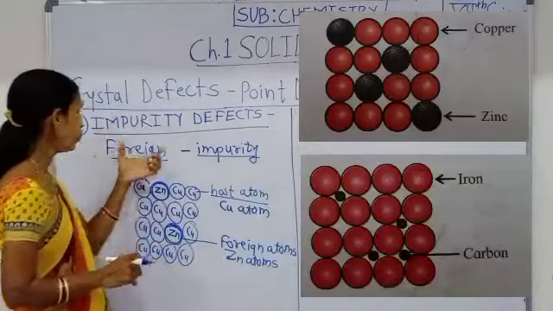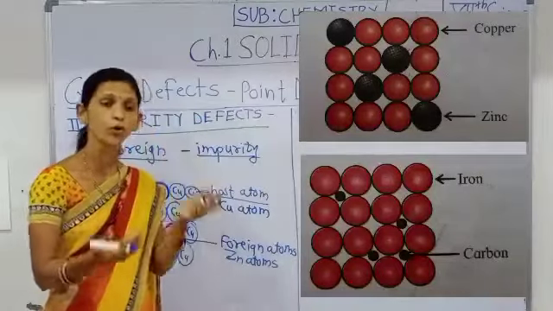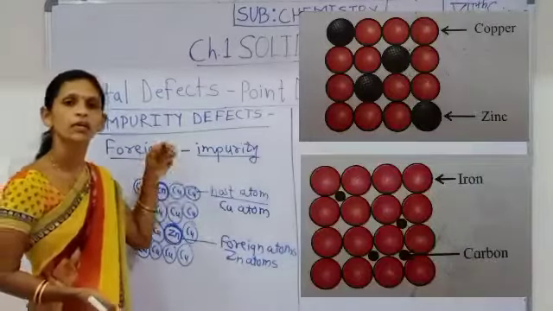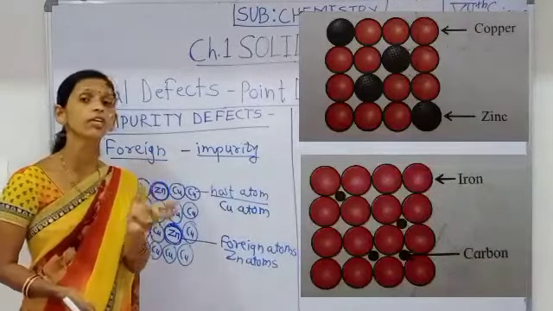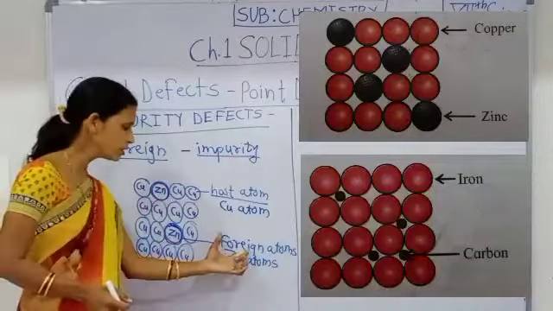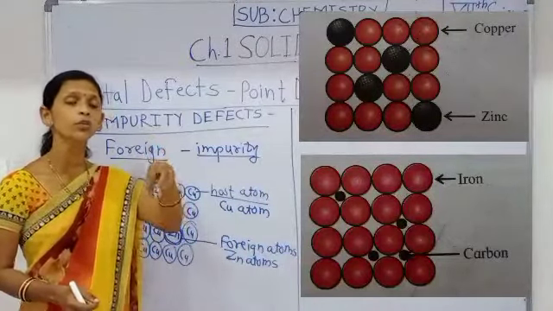Then the impurity defect which arises is produced due to the foreign atom present in the given crystalline lattice. That means here an impurity of zinc is added into the copper.